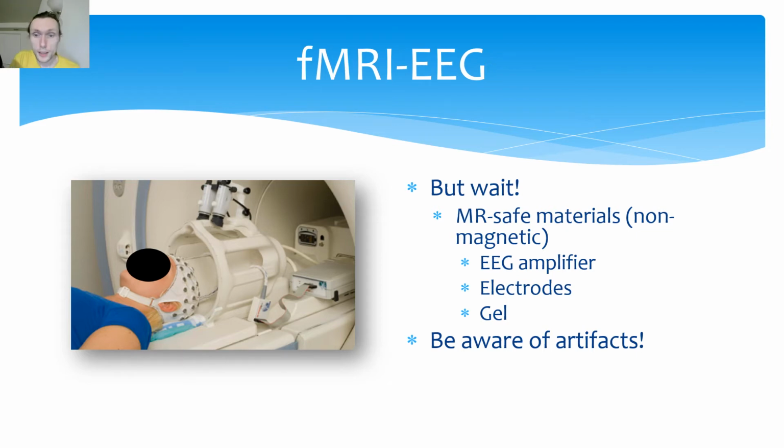That includes the EEG electrodes. Those small electrodes in a normal EEG system are often metallic, and you would need something that is non-magnetic. And of course also the amplifier and the battery of the EEG system, which would also have to be near the MRI scanner, need to be non-magnetic.